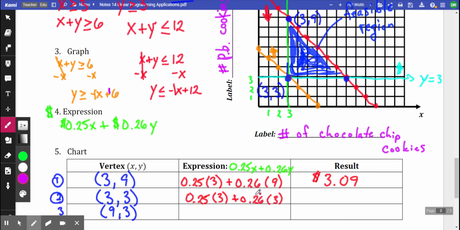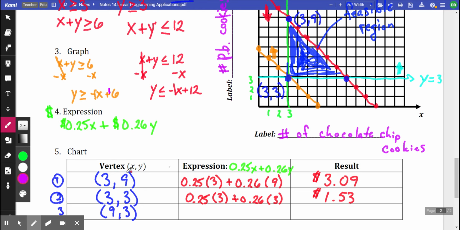Grab our calculator, and we see the overall profit here is $1.53, which we shouldn't be surprised. This combo pack has fewer cookies than this one, and it contained the same amount of chocolate chips. So we're not surprised that this smaller combo pack has a smaller profit than the one from before.